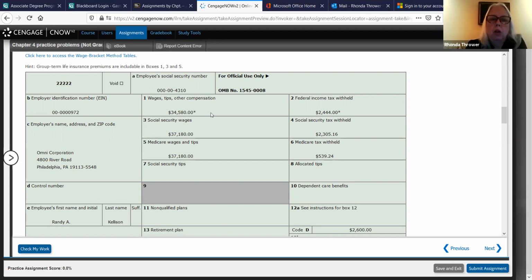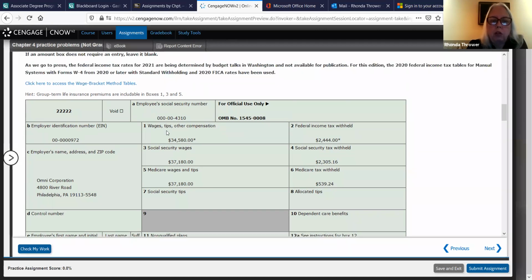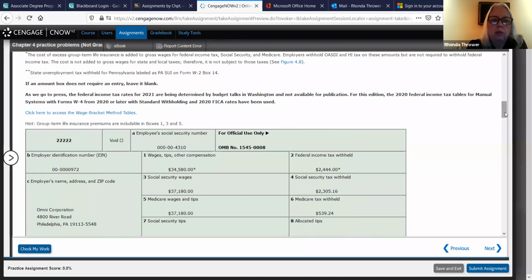This is the amount that's actually taxable for federal income tax purposes. So the first part of this right here, you would have to calculate, and this is how we do it.